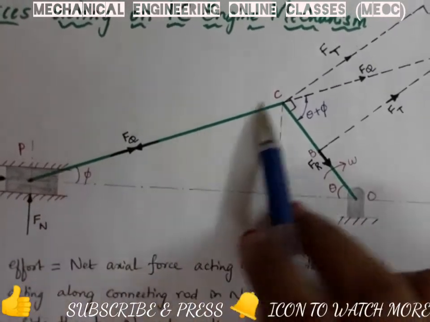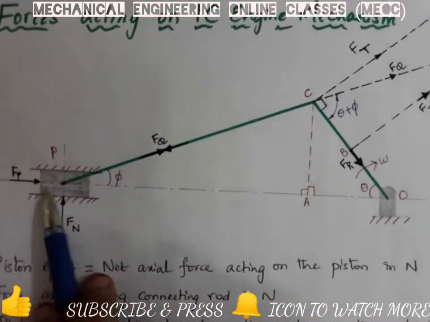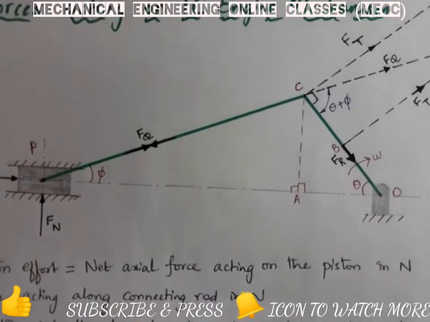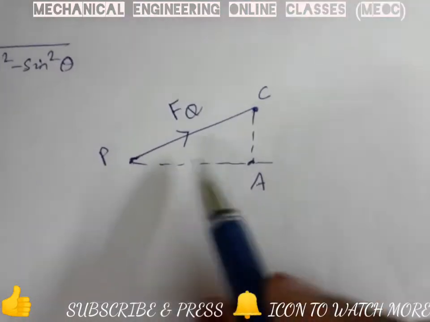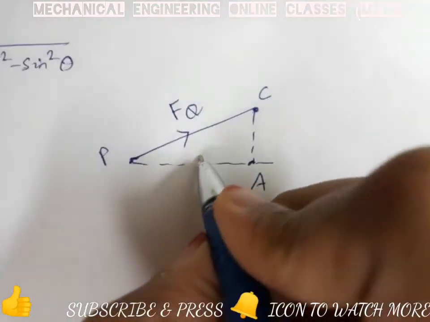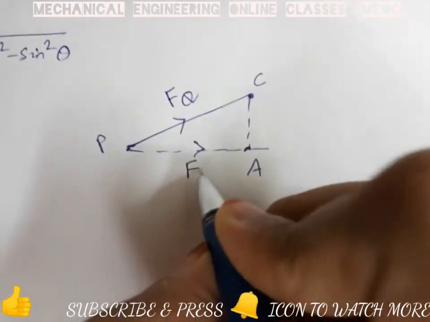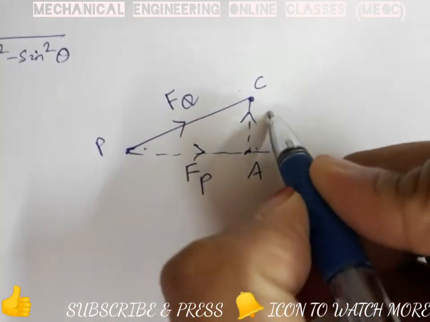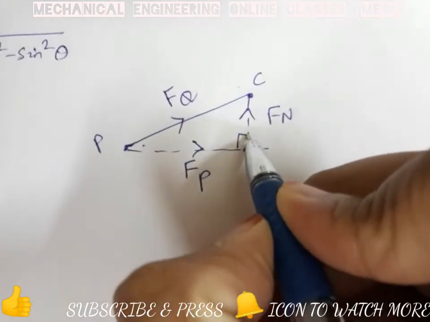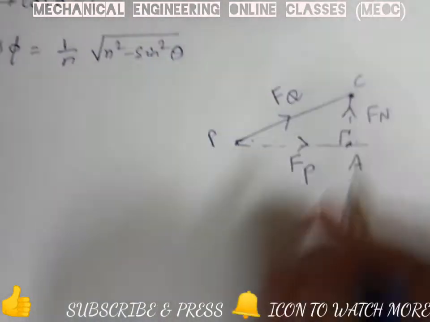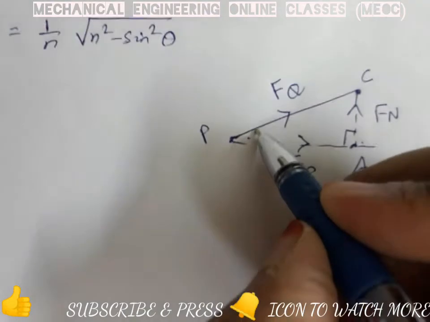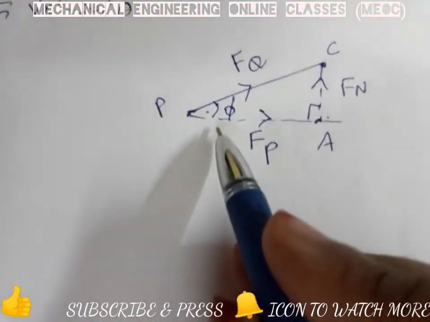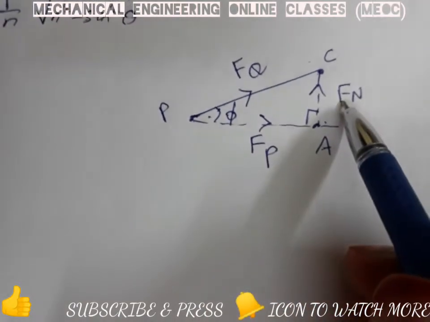So FQ is along the connecting rod, Fp is along the line of stroke, and Fn is the side thrust. So we are just drawing the force polygon. This is FQ, this is Fp, and here is Fn. These two are perpendicular. So from this figure, we know that tan phi is nothing but Fn by Fp.